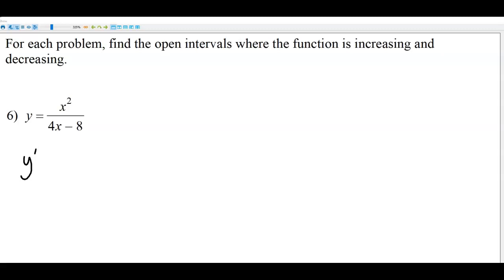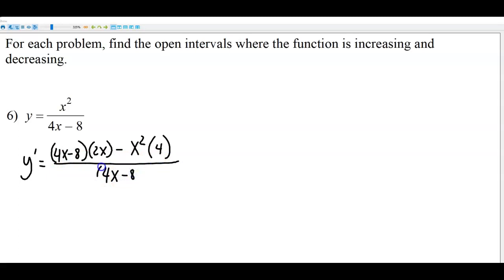So we'll do the low d high minus high d low. Draw a line, square below. For these exercises, you will need to simplify the numerator.